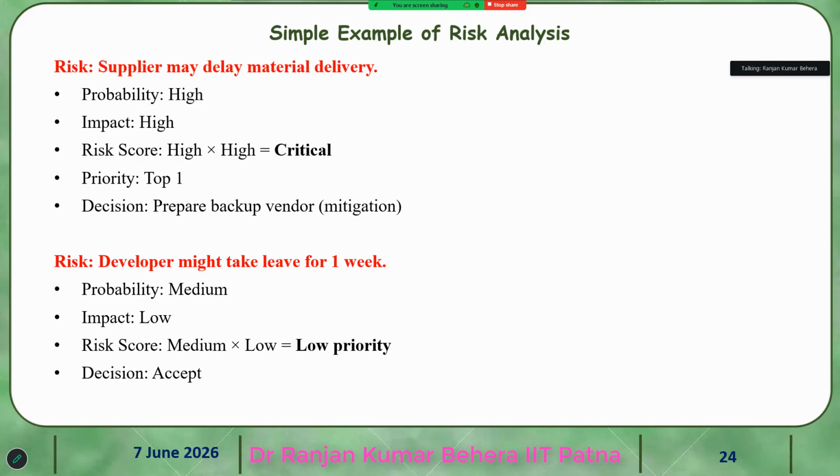Another risk: the developer might take leave for 1 week. Probability is medium, impact is low, so the risk score is medium times low, with low priority. Decision: we can accept that.